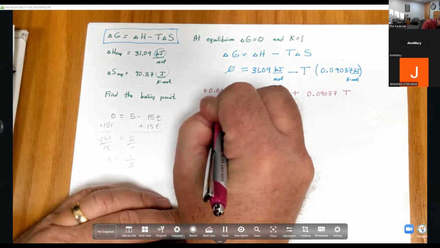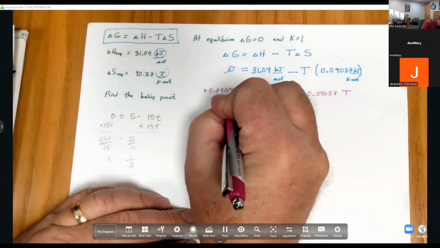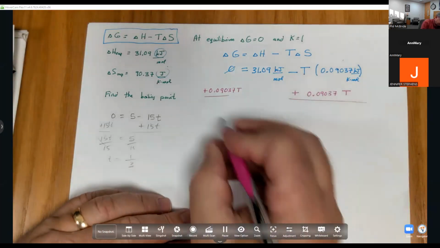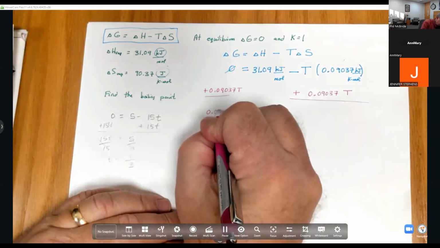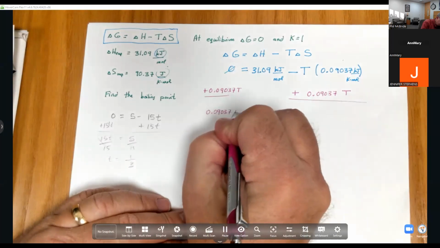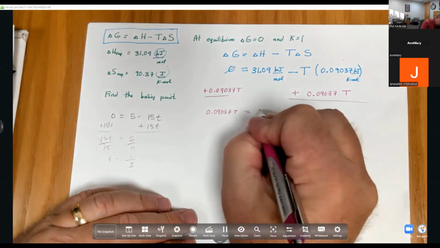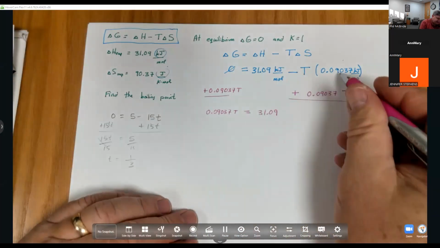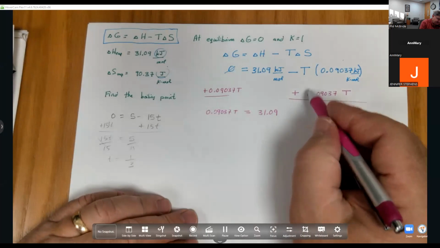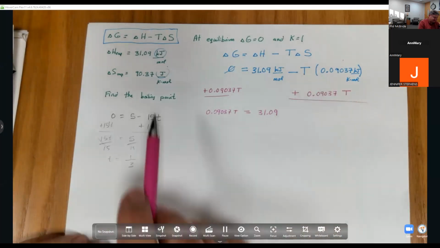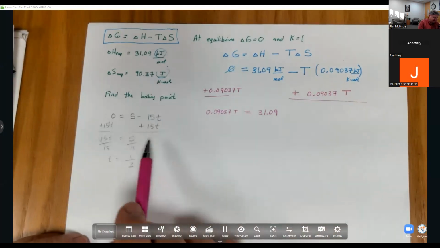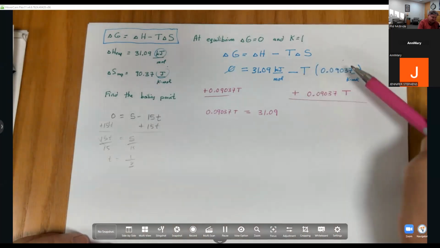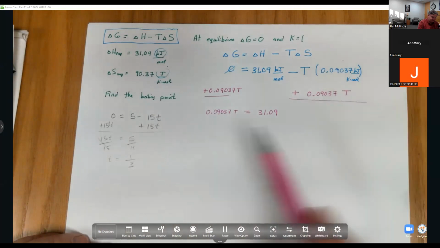So you have 0.09037 T equals 31.09. Because these negative and positive are going to cancel out, just like negative 15 T, positive 15 T went to 0, positive 0.09 T, negative 0.09 T are going to go to 0.